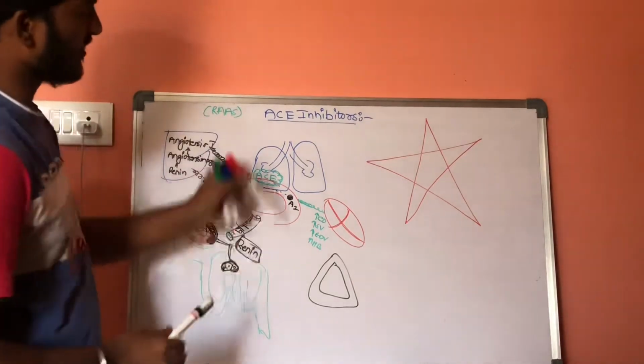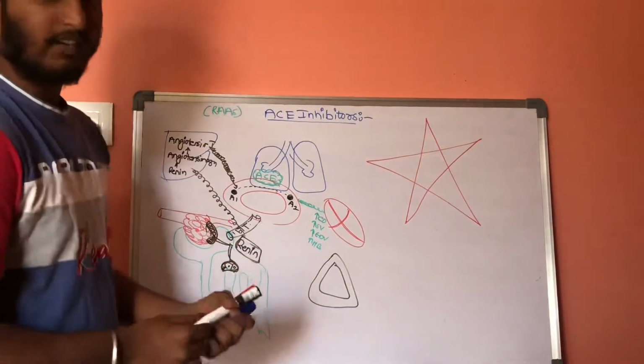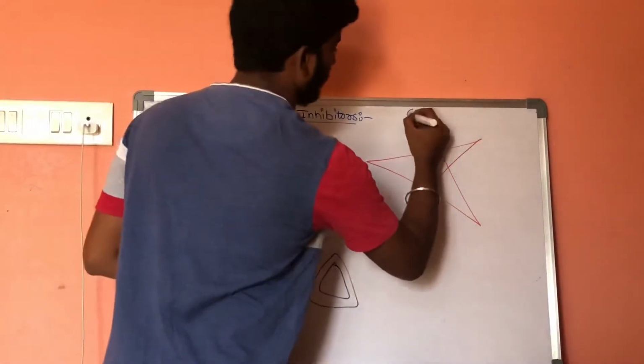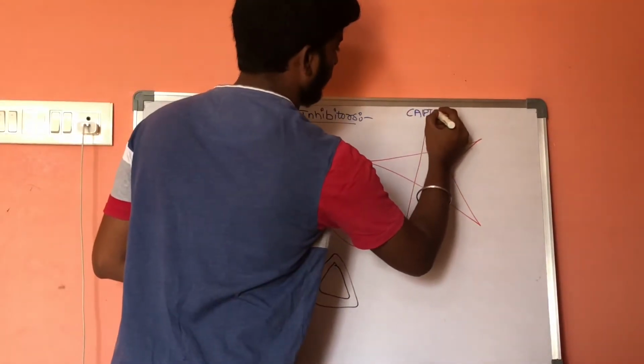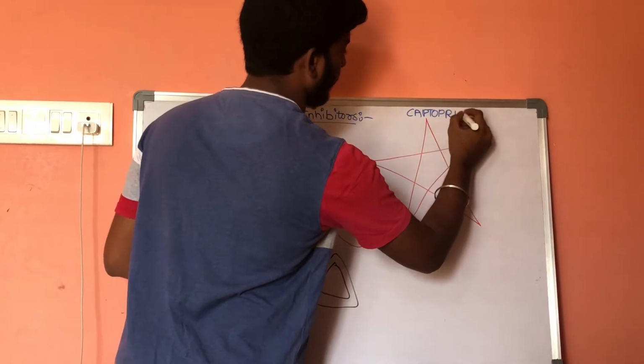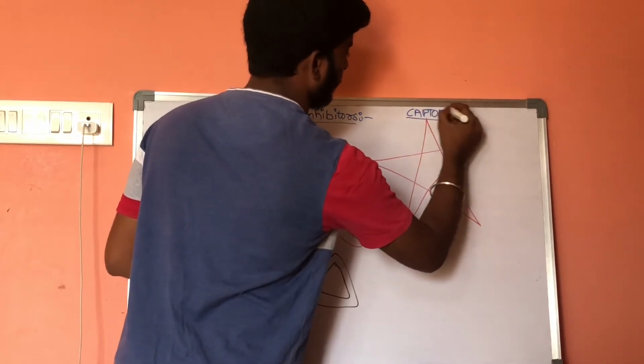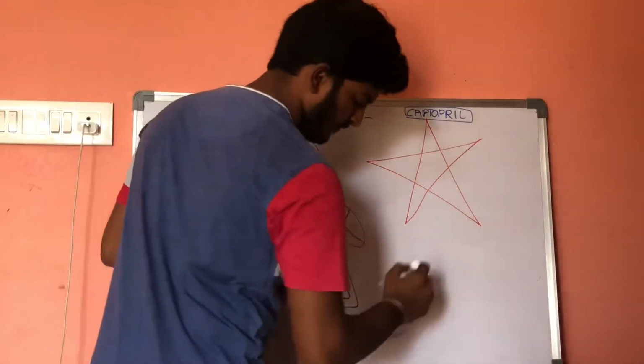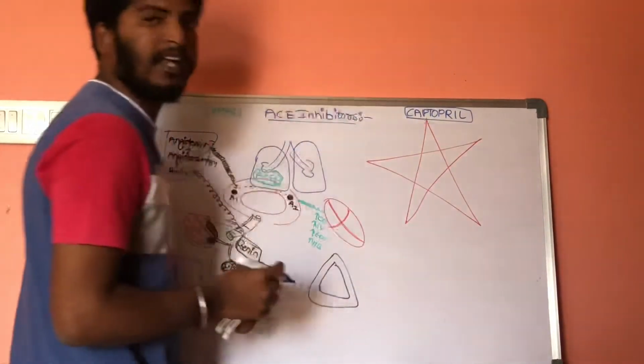There are 5 drugs which come under angiotensin converting enzyme inhibitors. First one is captopril. Next one is enalapril.